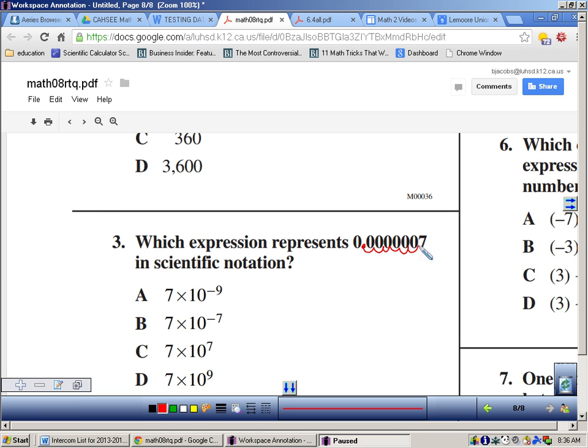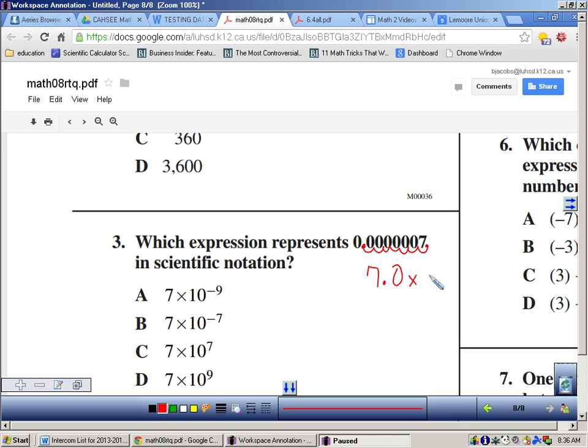That's 0.7. 0.7 is not between 1 and 10. It's smaller than 1. So I've got to move it over one spot more, and that's 7. And so my number would be 7, right? The decimal is moved 1, 2, 3, 4, 5, 6, 7 spots.